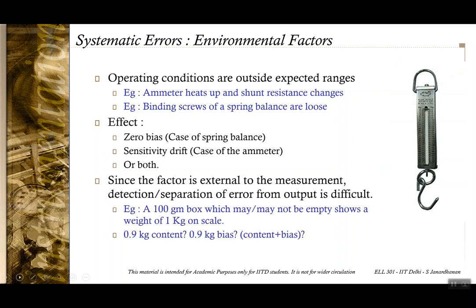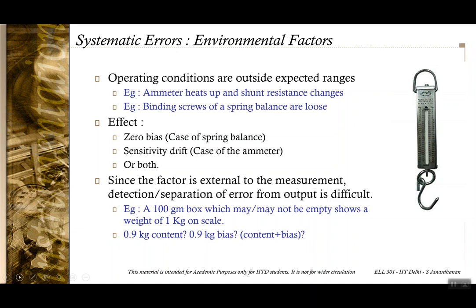Okay, and since this effect is external to the measurement itself, because it is not arising from the act of measurement, it is completely within the instrument, that is the measuring instrument, therefore it can't be easily separated out.